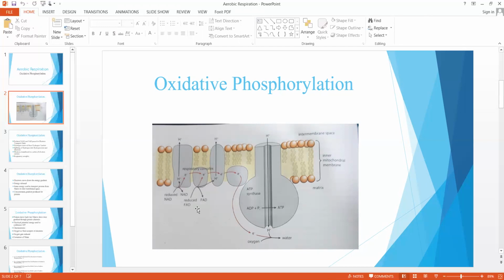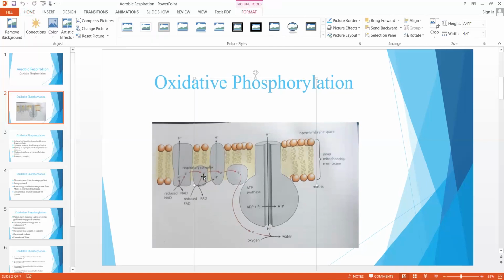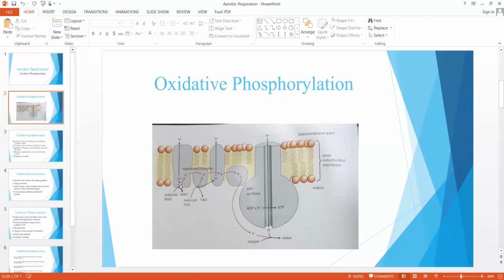So these electrons, you can see over here, we are not going to talk about hydrogen ions right now, we are just concerned with the electrons. You can see that these electrons are passed along the electron carriers, from this one to this one, and then from this one to this one.